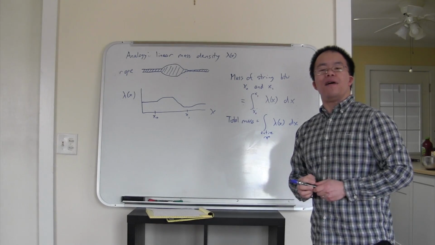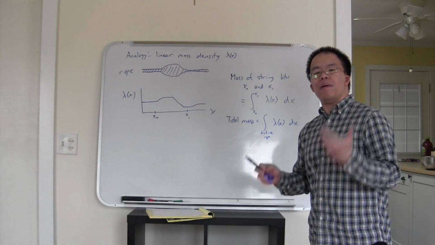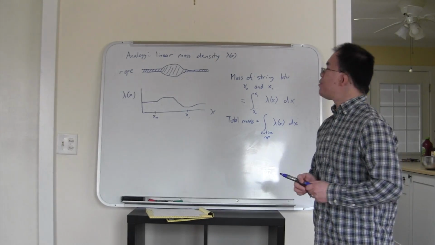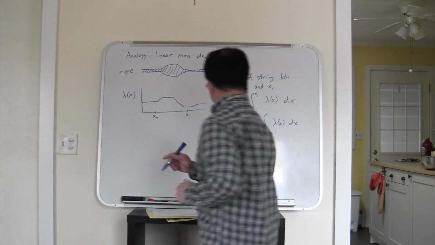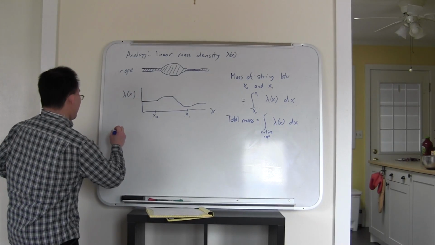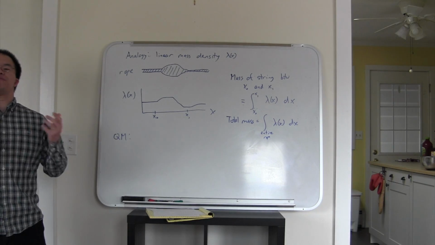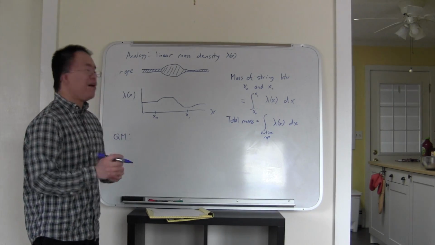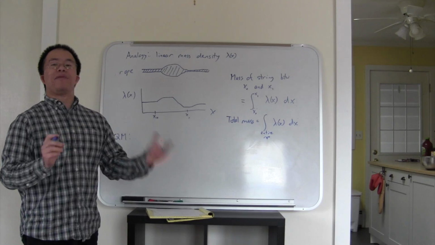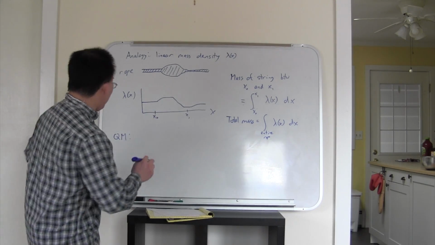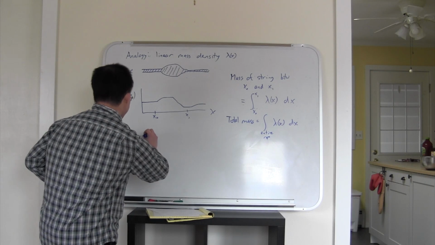dx. Now, the wave function and the probability density in quantum physics work in a really similar way. In quantum mechanics, I can similarly draw a graph of the probability density, psi star psi, as a function of position.